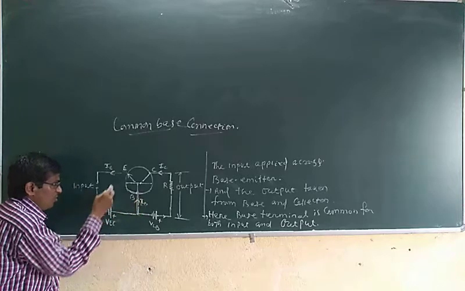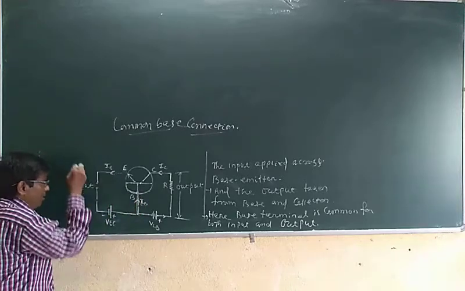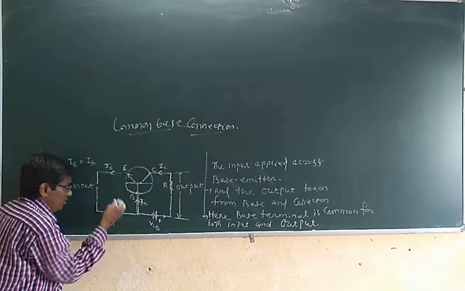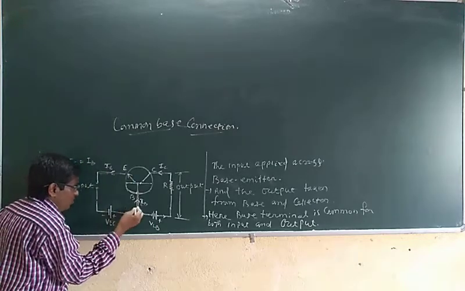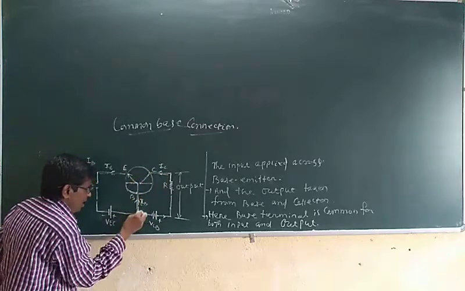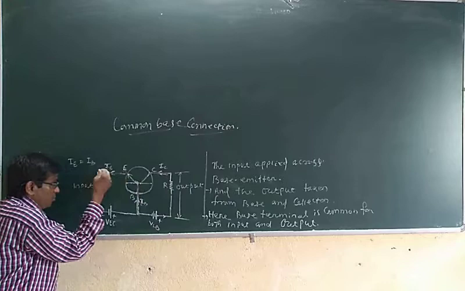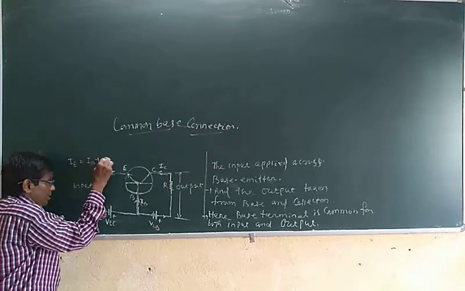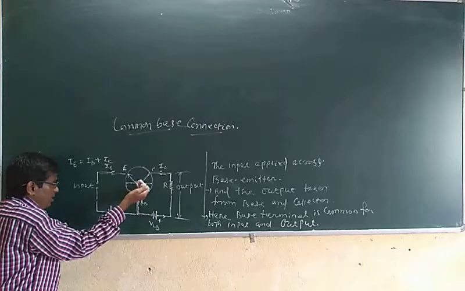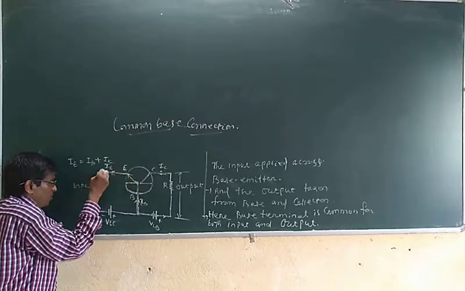Now the emitter current IE is equal to IC plus IB. Now IC and IB together make up IE. The IC current and IB current flow in the emitter current.